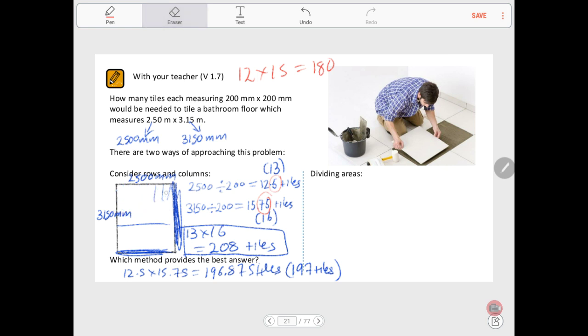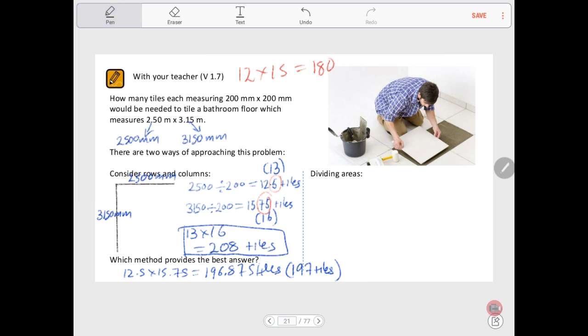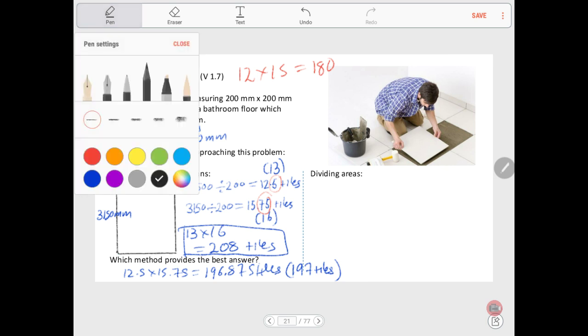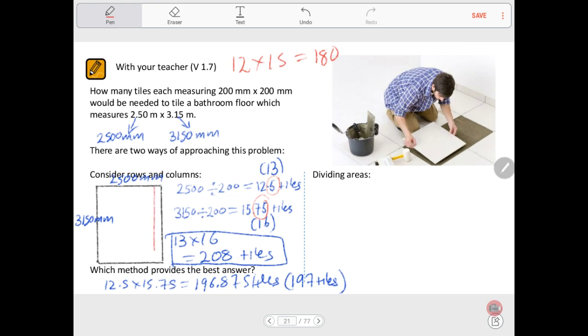I'll just rub this out and redraw it and show you what I mean. Bear with me a second. So I'll just reconstruct the edges of the room. So the 180 tiles there would fill up to here where you need another half a tile in this bit, and up to there where you need three-quarters of a tile in that bit.